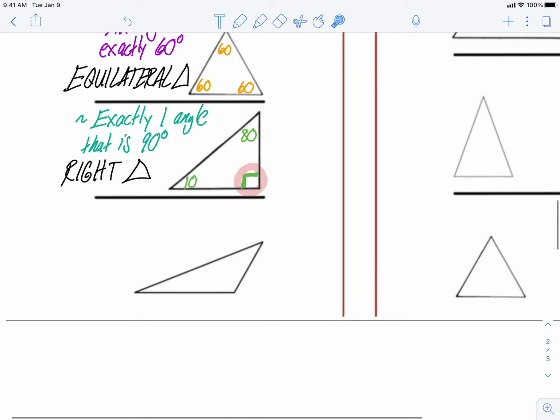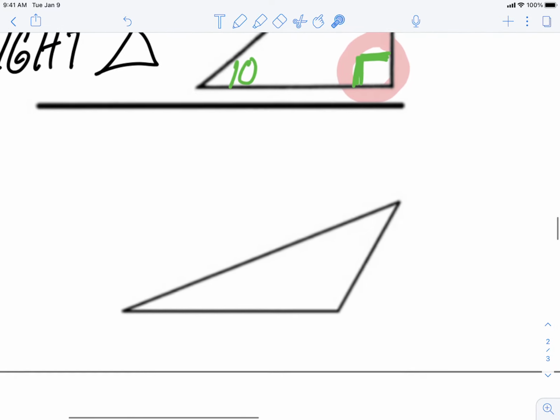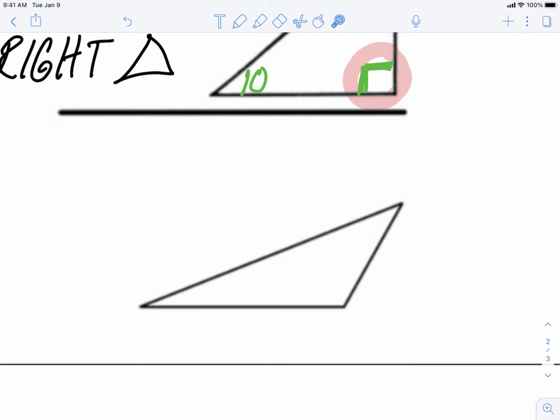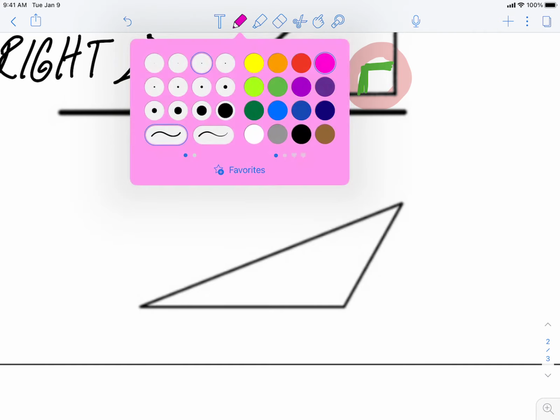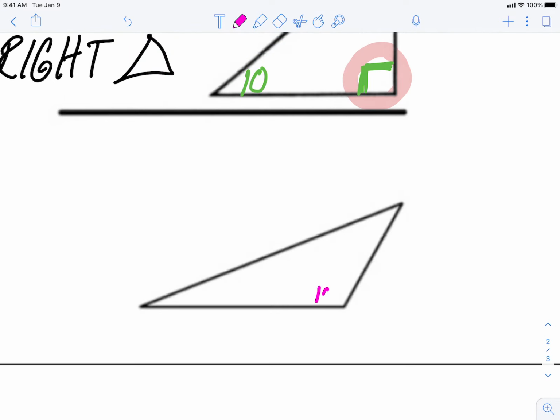And finally, the last way to classify triangles by their angles is if you have this. The important angle is right here. If you notice, that angle is more than 90 degrees.